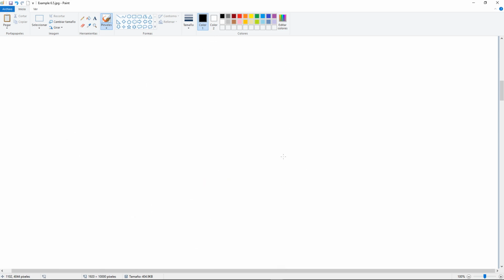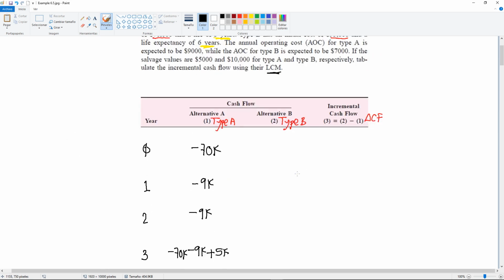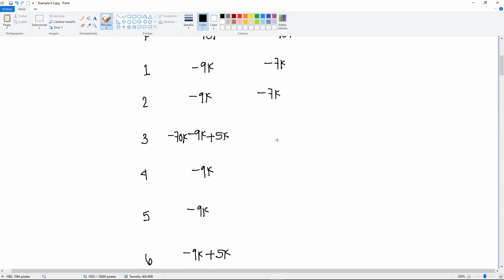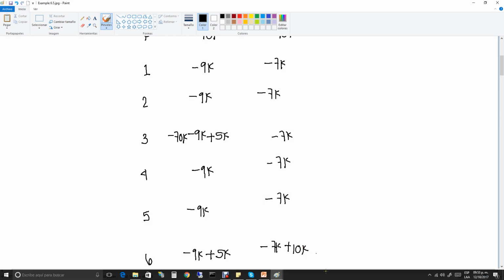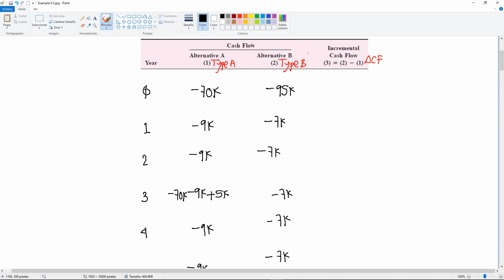So we're going to start with minus 95,000, minus 7,000, minus 7,000. So every year we're going to have minus 7,000 until we get to year 6. We have the minus 7,000 plus 10,000.